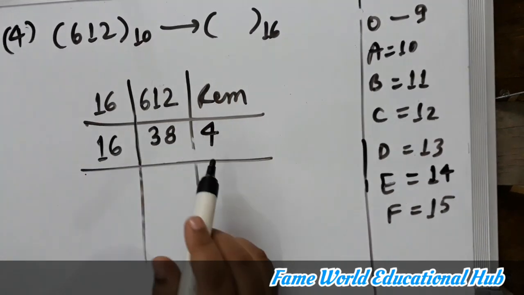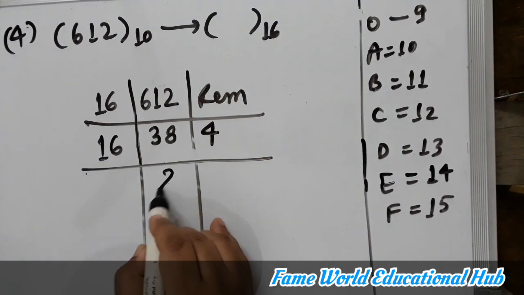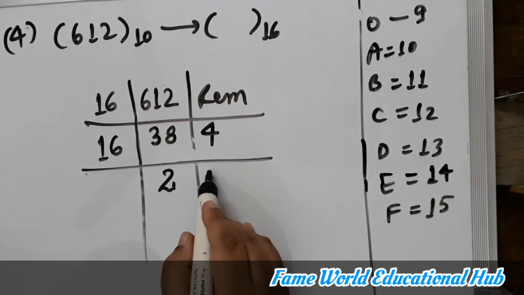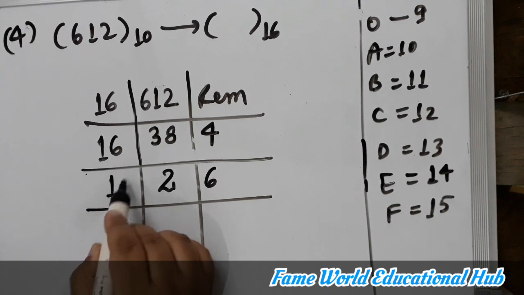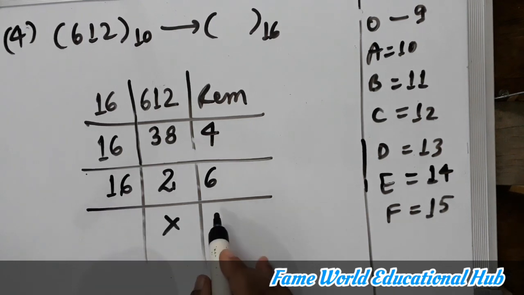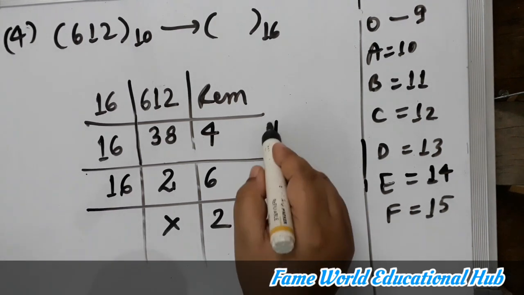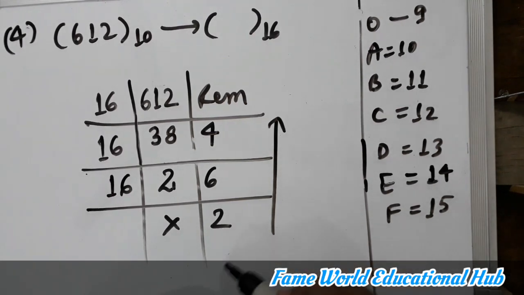Then for 16, here we can directly go for 2, that means 32. So we will be getting the remainder 6. And then 16, here we cannot cut it, so we will be here like this.